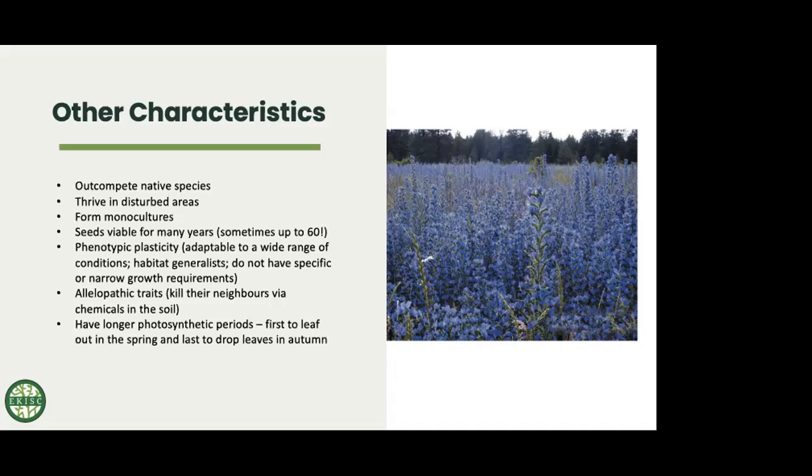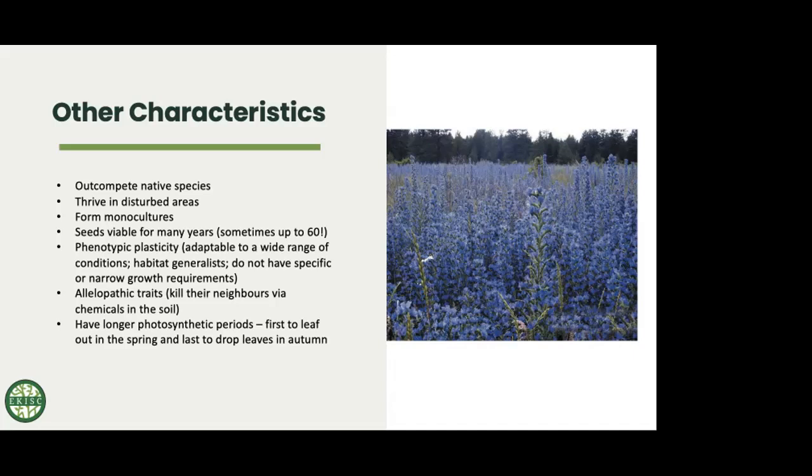So some other characteristics related to those last ones: they outcompete native species, they thrive in disturbed areas, form monocultures. Their seeds can remain viable for years, sometimes up to 60 years. Even if you don't see invasive species around, doesn't mean that they're not there and just haven't germinated yet. They also have phenotypic plasticity and allelopathic traits.